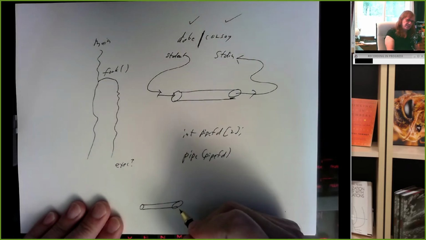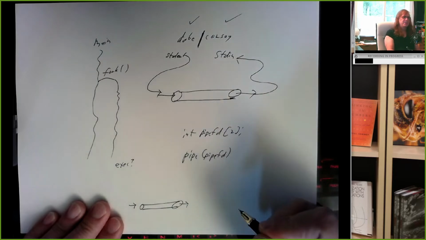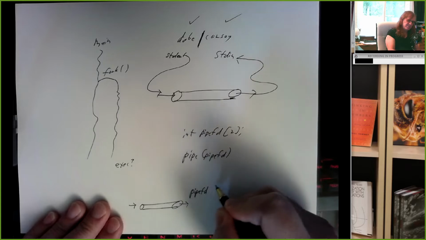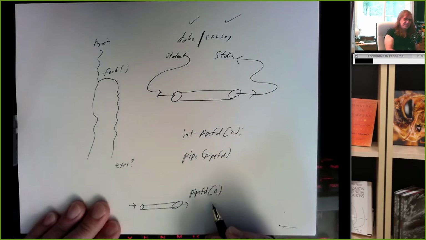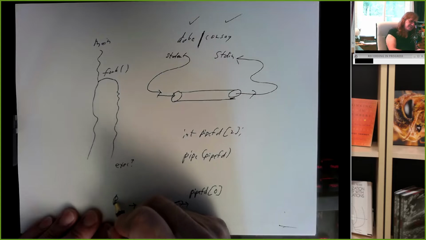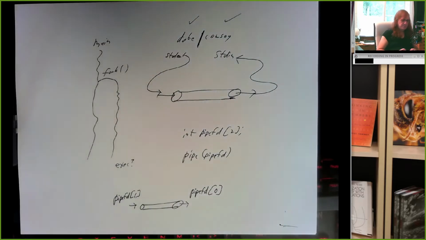Pipes are unidirectional. This end of the pipe, which is the output end, is accessible with whatever file descriptor is in pipe FD bracket 0. And the input end of the pipe, the end we write into, is accessible with the file descriptor that's been saved in pipe FD bracket 1.